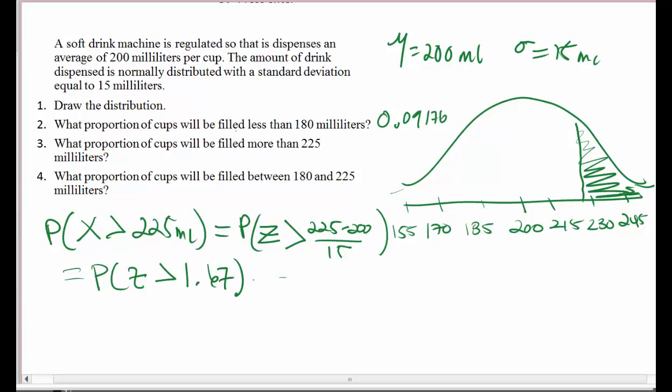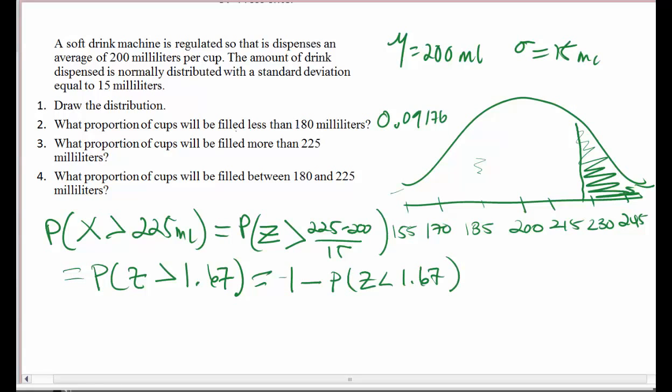Well, something that we have to remember is when we look at the standard normal table, it will always just give us the area below the z-score of 1.67. We want the area above, so we can easily find this by just taking whatever we get in the table and subtracting it from 1.